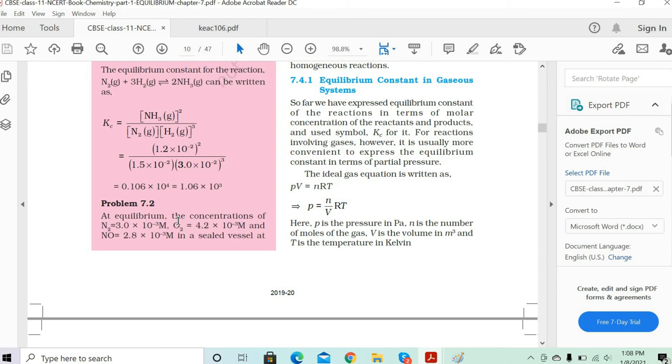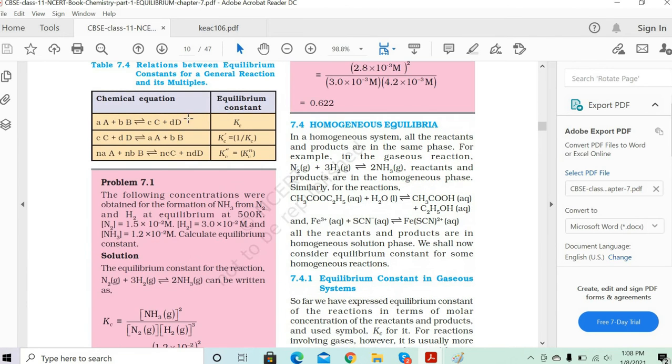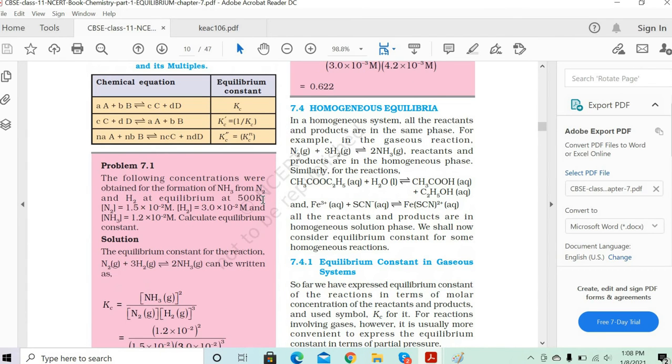Because equilibrium constant means that the reaction has already taken place and reached the state of equilibrium. At that equilibrium point, the concentrations of the reactants and the products present will determine the constant value. Clear? Clear, sir. Excellent.